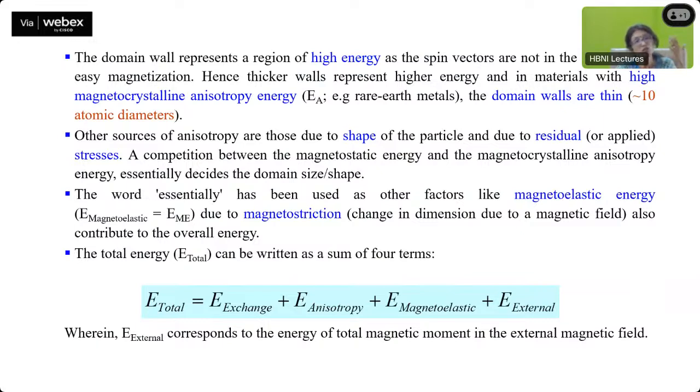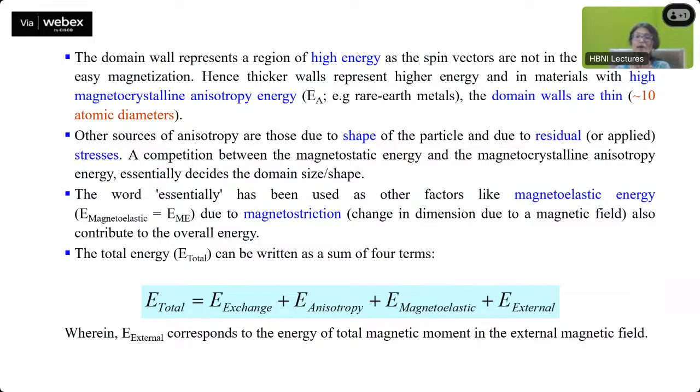Now, there are other sources of anisotropy also, apart from this, due to the shape of the particle and due to residual stress present in the particle. A competition between the magnetostatic energy and the magnetocrystalline anisotropy energy essentially decides the domain size and shape. If the size is very large, then a lot of magnetostatic energy comes in. If there are too many small domains, then again the magnetocrystalline anisotropy energy is going to increase.